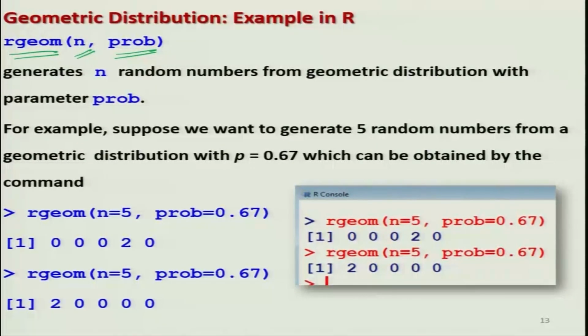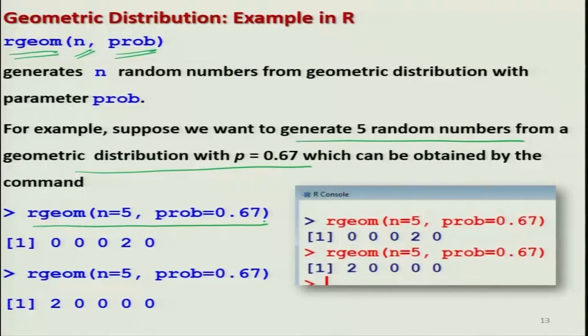Suppose you want to generate 5 random numbers from a geometric distribution with p equal to 0.67, that can be simply obtained by rgeom with n equal to 5 and prob equal to 0.67, and it will give you such 5 values.